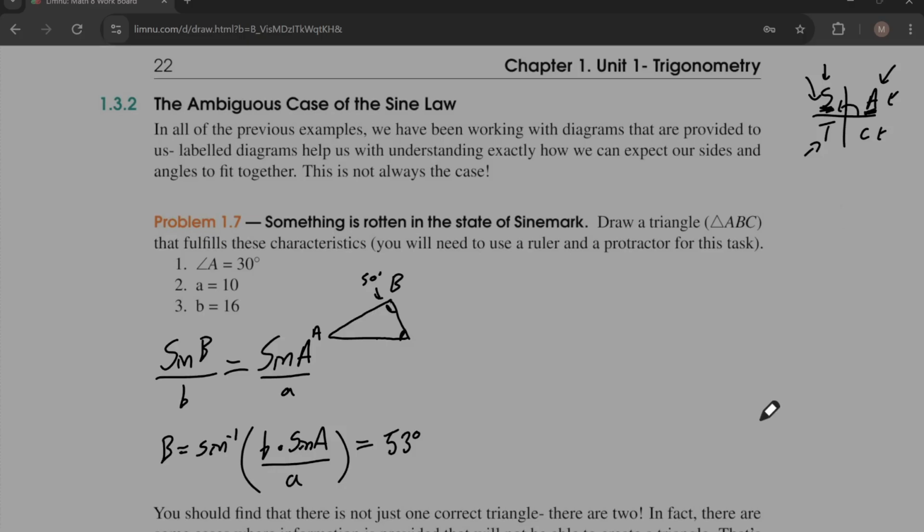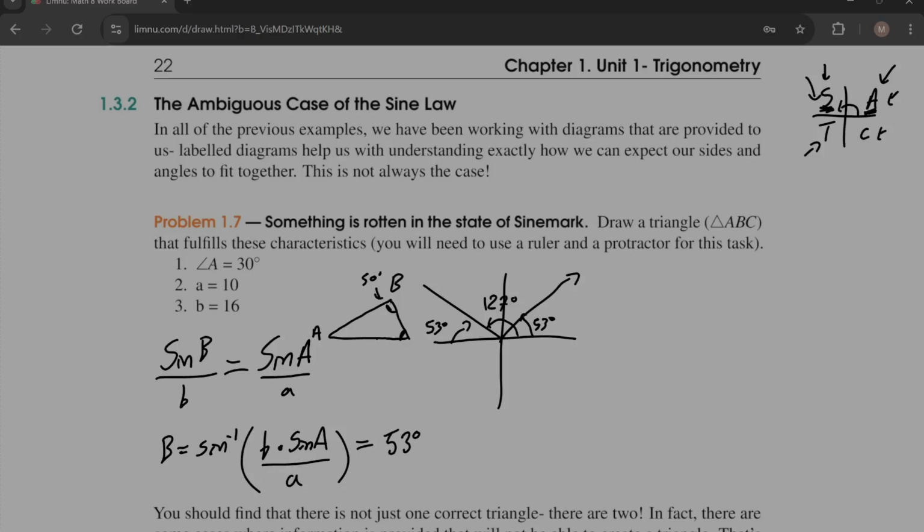But if I think about my CAST law, which I'll put in the middle here, it's saying your standard position angle could be 53 degrees like this, right? Or it could be, because it's positive in quadrant 2, a reference angle of 53 degrees, which means our line is actually like this. And our reference angle matches then with a standard position angle of 180 minus 53, or 127 degrees.